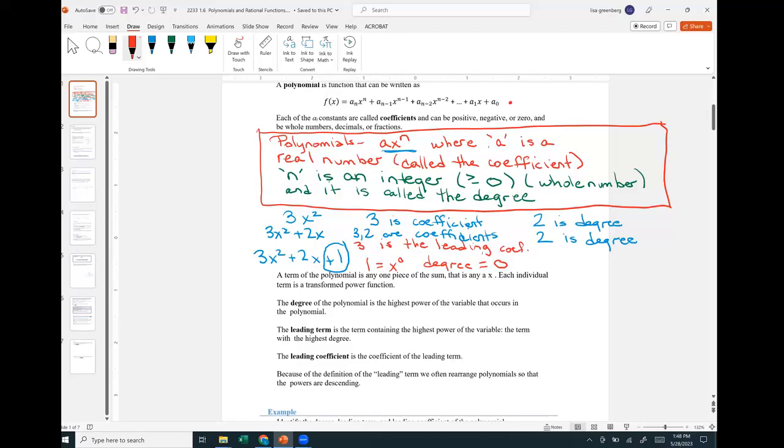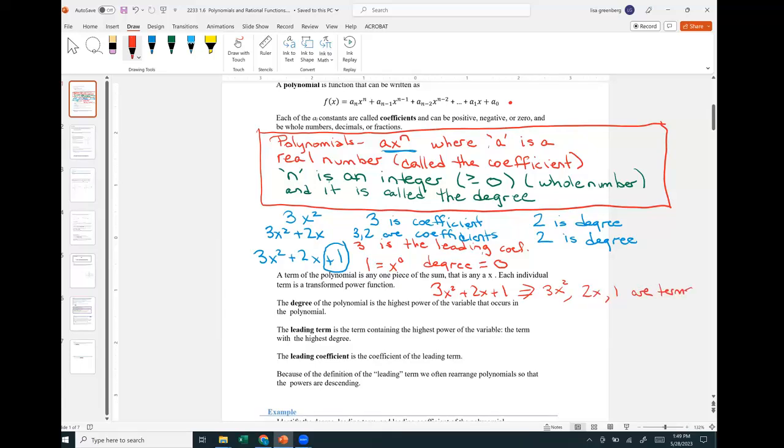Basically, what they're saying is that if I were to have our 3x squared plus 2x plus 1, then 3x squared, 2x, 1 are terms.